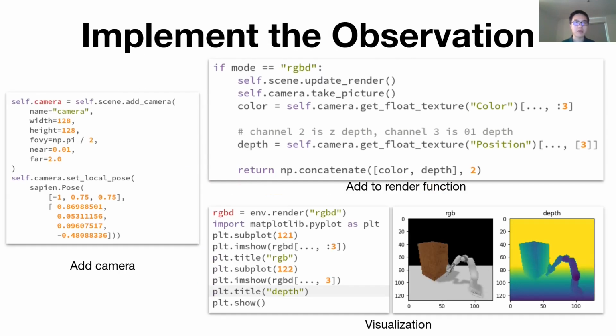Now, it is time to implement the observation. Here, we want to capture RGBD images from the scene, so we add a camera. It is important to verify the added camera is working as intended, so we visualize the captured images.